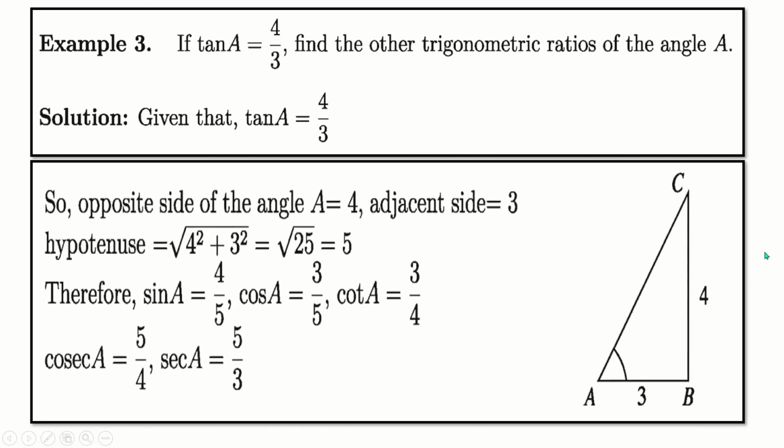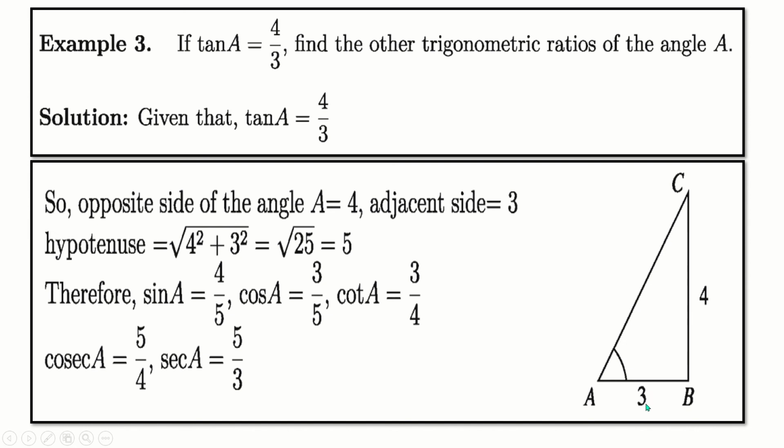Here A is the given angle. So CB or BC will be the opposite side, and AB is the adjacent side. And this is the right angle triangle, and we know this is the hypotenuse. Hypotenuse equals what?